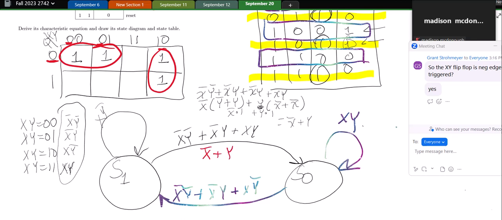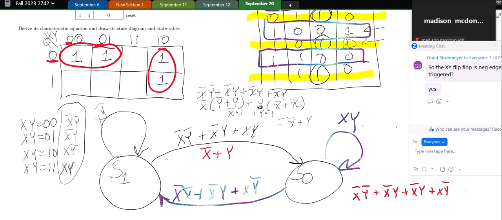I could also use a Karnaugh map to simplify it. So the bottom expression, I'm expecting I would be able to do the same thing. So x bar y bar plus x bar y, and I'll just repeat that middle term, x bar y plus x y bar, except I don't think I have them in a good order.